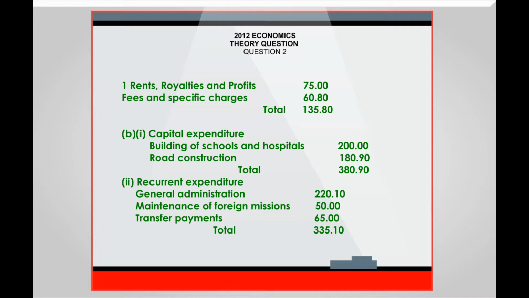Capital expenditure: building of schools and hospitals, $200 million.